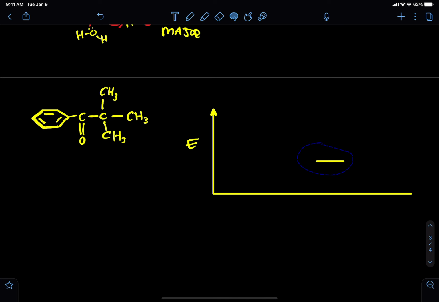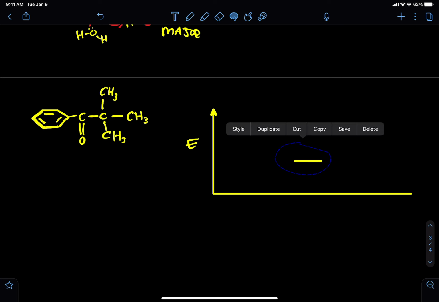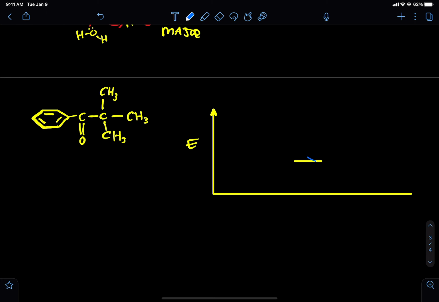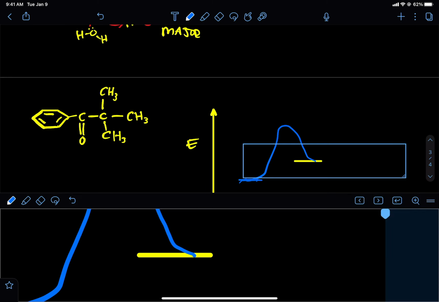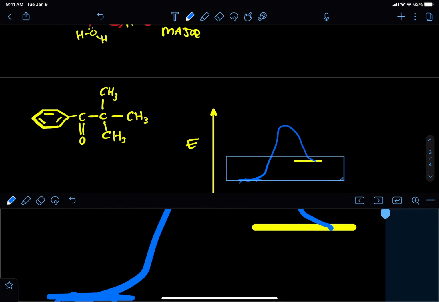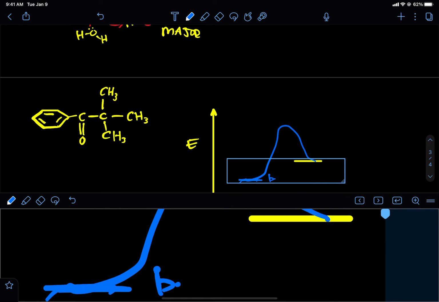Move this over a little bit. In the blue pathway, we might go one step and get to a low energy state. This was the benzylic cation.